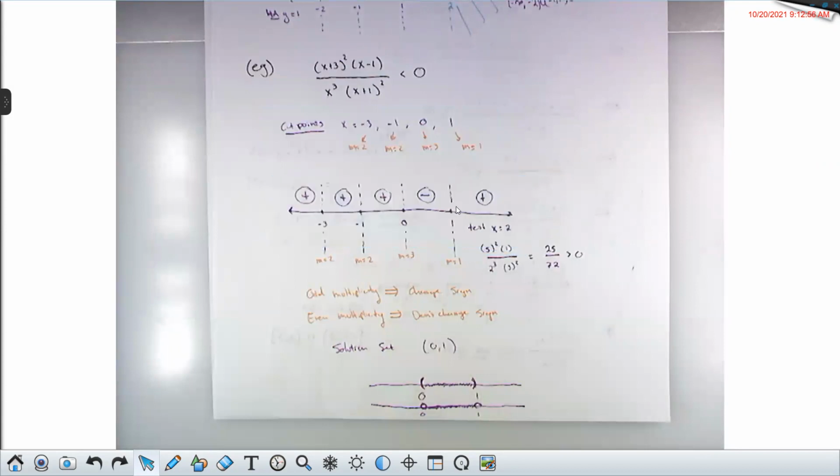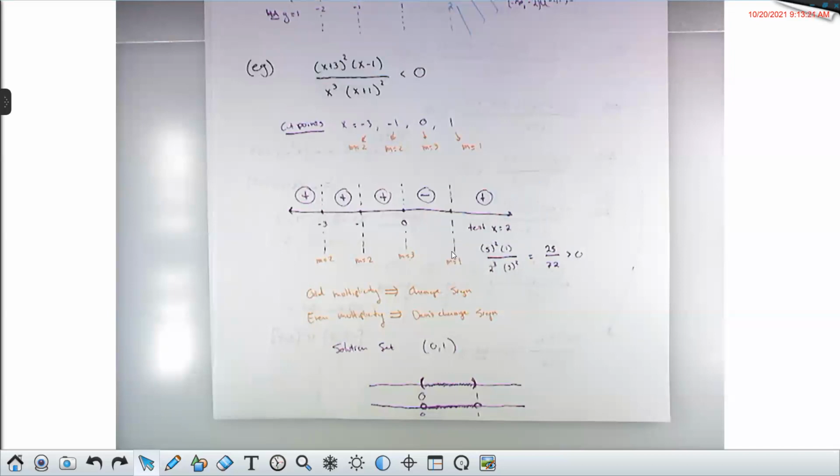And to get started, we tested x equals 2 because the horizontal asymptote here was 0. There is no y-intercept that I can use to get started with. So I had to actually test a point to get one of these regions. So I chose to test x equals 2 out here. When we plug 2 in, I get 25 over 72, which is positive. So I write a plus here. And then I use the multiplicities to fill out everything else.